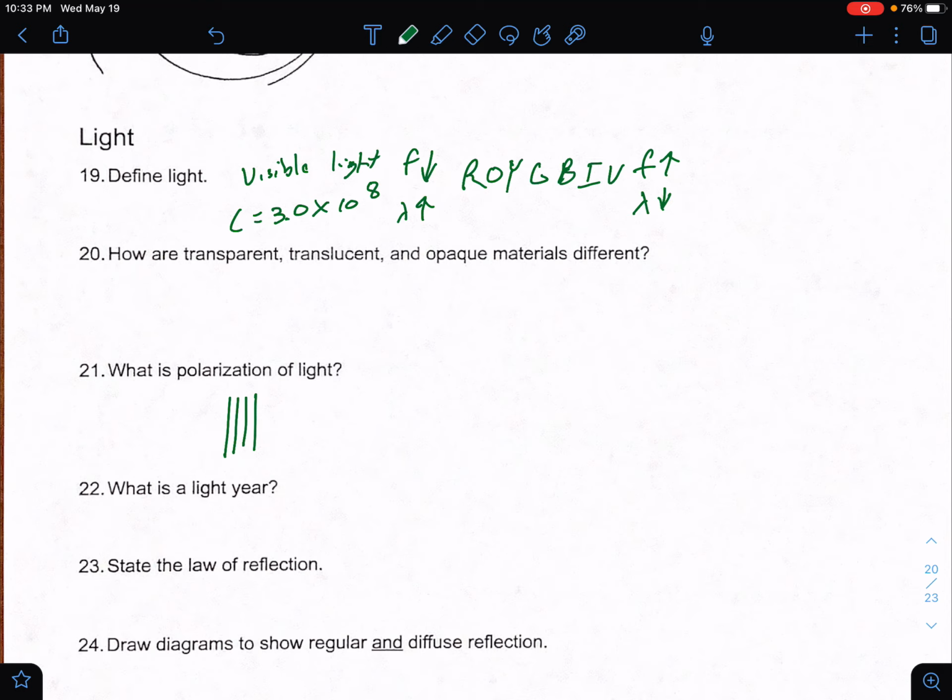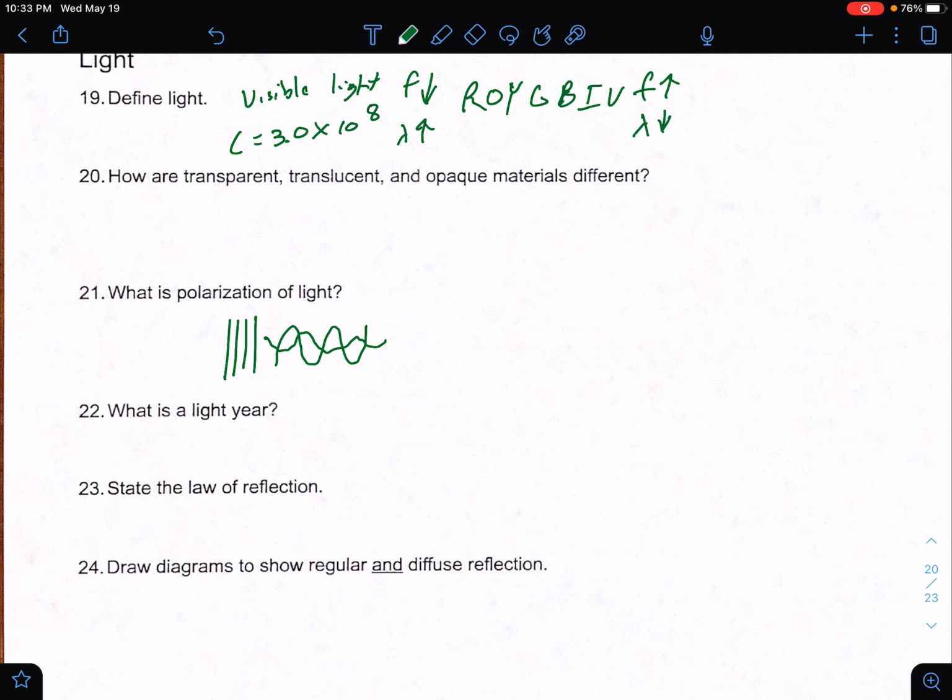When you have light going in at different angles, like in this horizontal direction, I know that's a poor example, but polarization is going to block some of that light. It stops part of that light from getting through, and that's what protects your eyes. So it'll block certain directions of light.